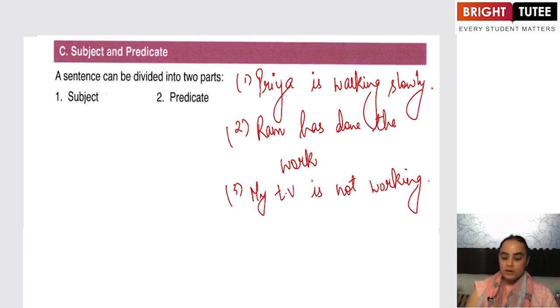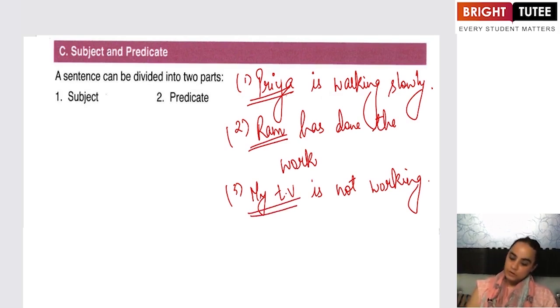So, who are we talking about in the sentence? Priya. So, Priya is my subject. Second sentence. Ram has done the work. Who are we talking about in the second sentence? Ram. So, that is my subject. Third sentence. My TV is not working. What am I talking about in the sentence? I'm talking about my TV.